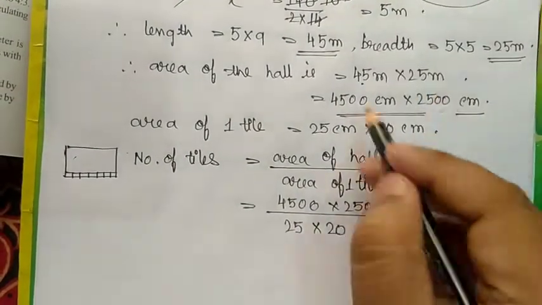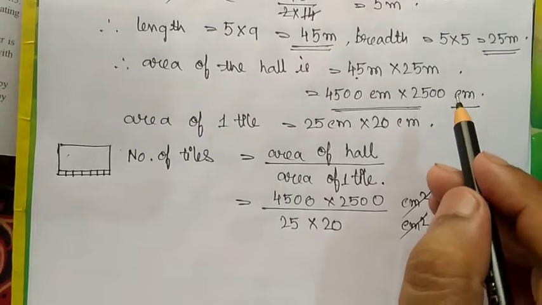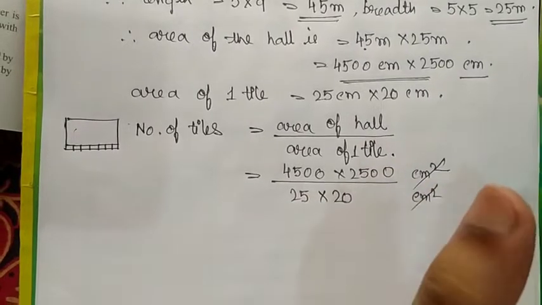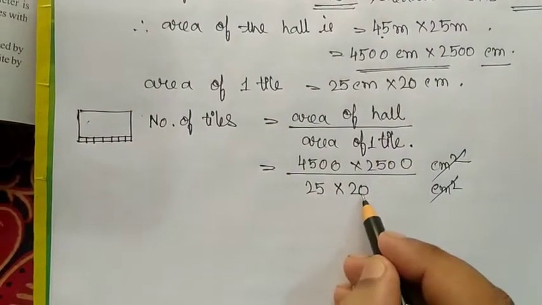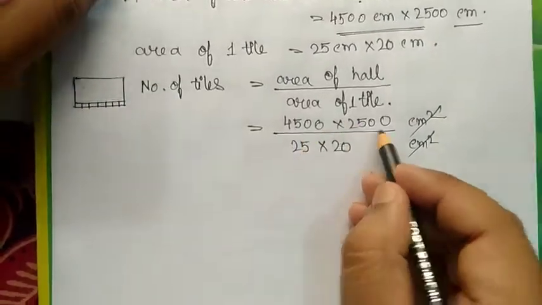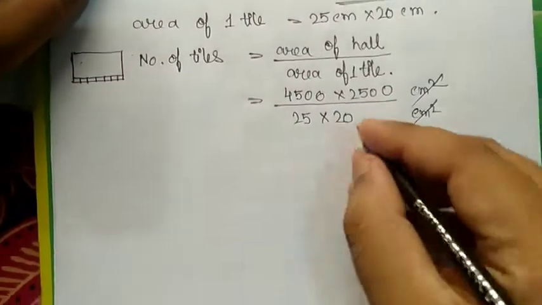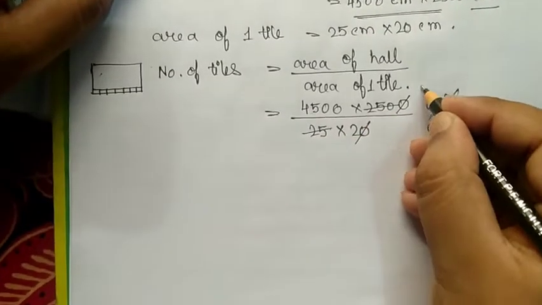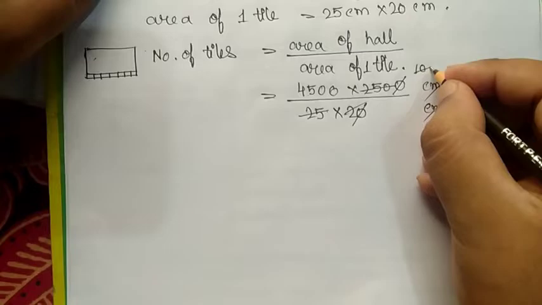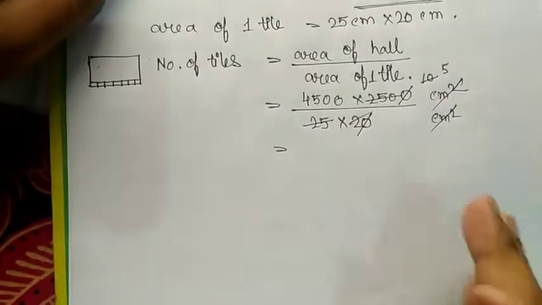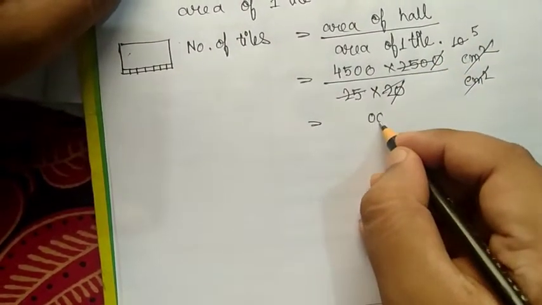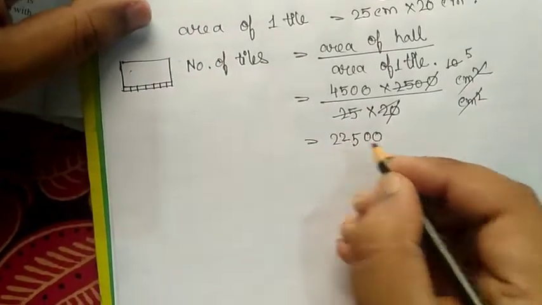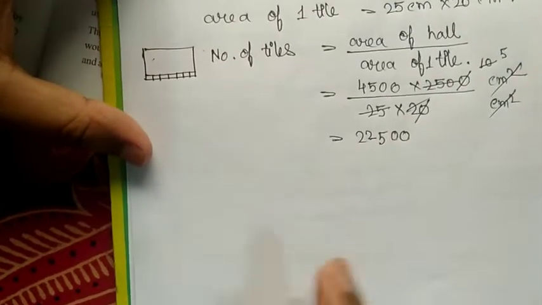If you want to multiply, my suggestion is don't do that, because that is time consuming, because we have to divide it here. So just write in this formation, we have to reduce it like this, 25, 10 and 2, 10, 5. So 4500 into 5 means 22500. The number of tiles is 22500.